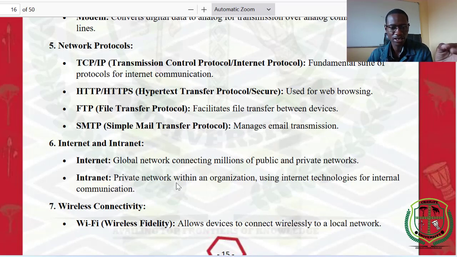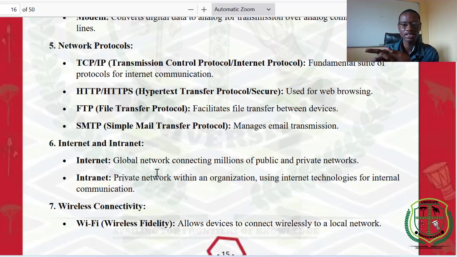Whereas an intranet is a private network within an organization using internet technologies for internal communication. So the internet is public; it connects both the public and the private.